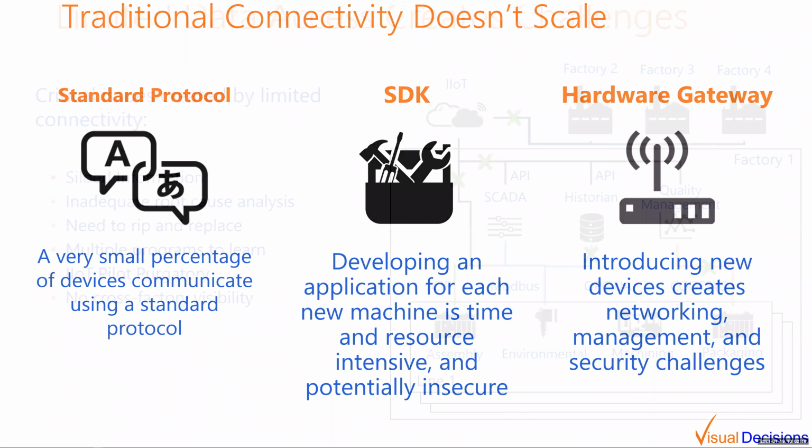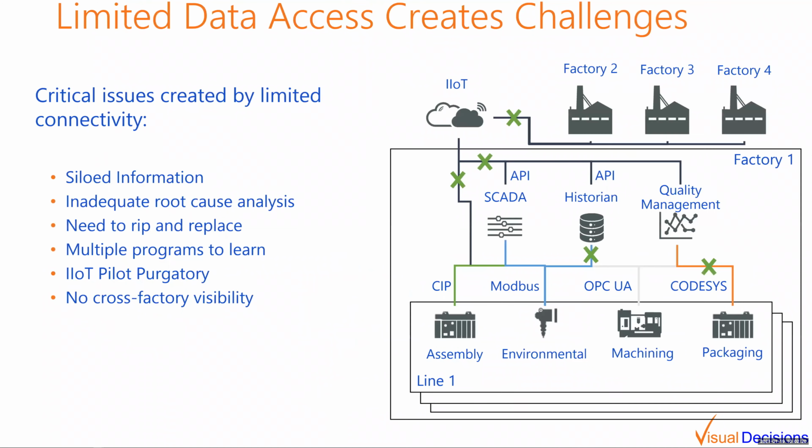And when you don't have good data access, all of the things that you're looking to enable in terms of SCADAs or historians, quality management, Internet of Things systems, et cetera, just don't work as well as you would like them to.